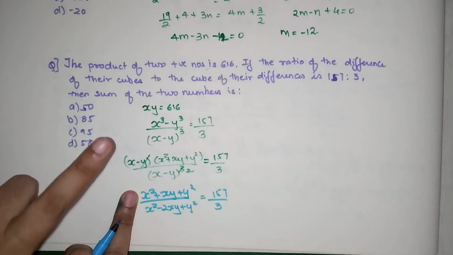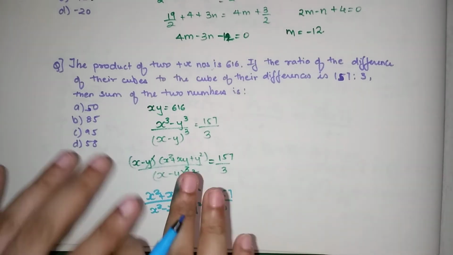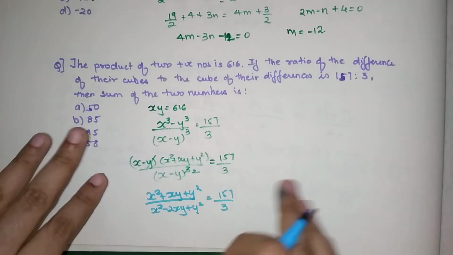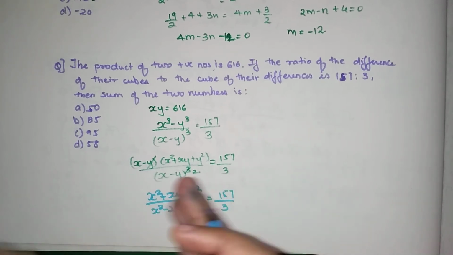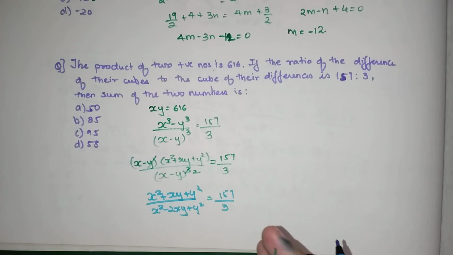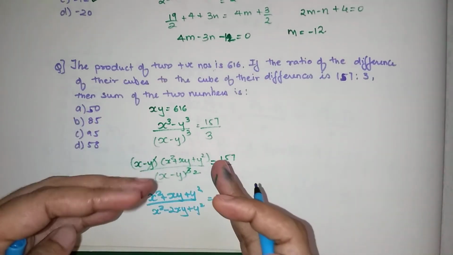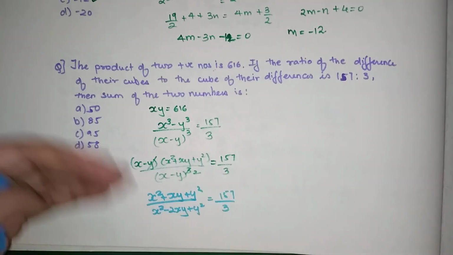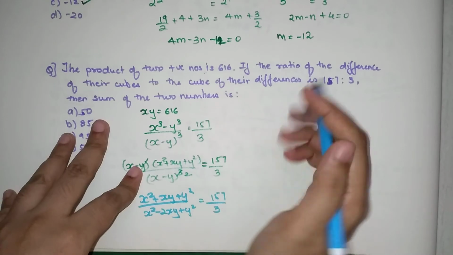One hint would be that when you subtract, you will realize most of the terms in your numerator get cancelled. Another thing is 157 is a prime number, and you can't do much when it comes to prime numbers. So the best would be to do some operation on this number so that we get it into a form in such a way that it becomes a factor of 616. So let's do this.